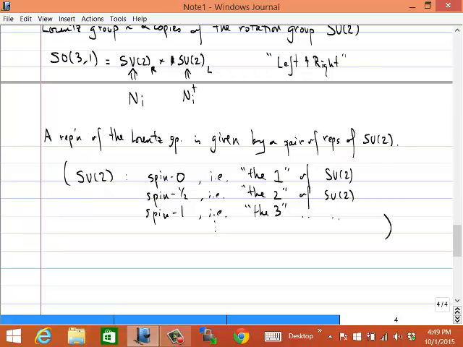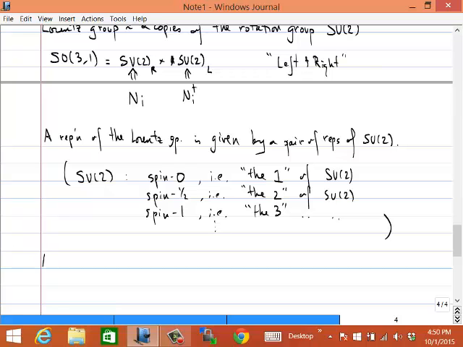Next semester, when we talk about quarks and gluons and all that stuff, there'll be a more complicated group that will make an appearance, SU3. And there, you can't really think about the representations in terms of spin 1/2, something like that. And so we just label them by the numbers. So for example, we'll say that the quarks live in the 3, or the 3 bar of SU3. And the gluons live in the 8 of SU3, stuff like that.